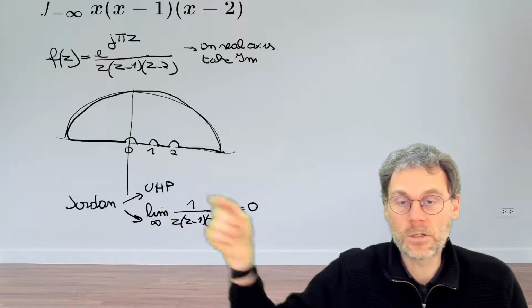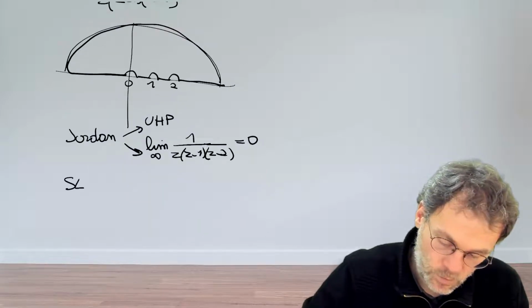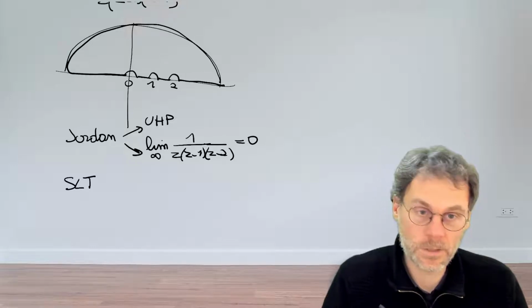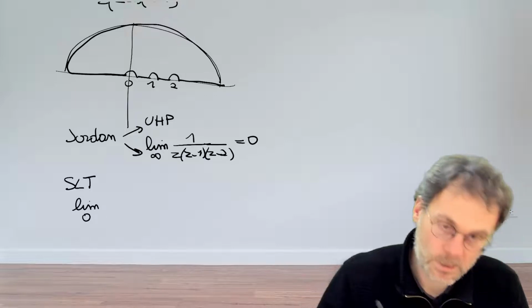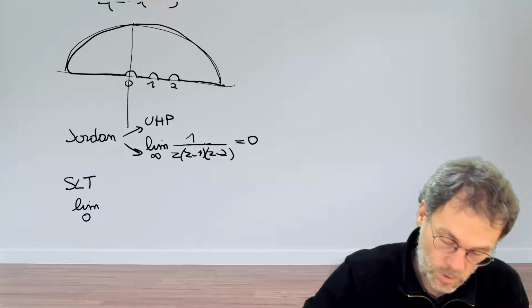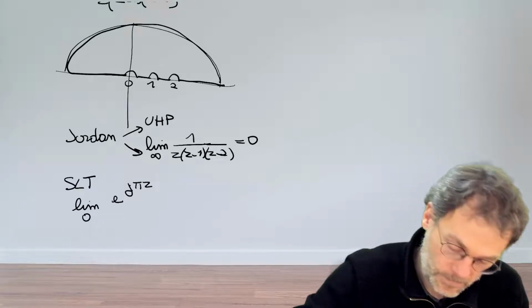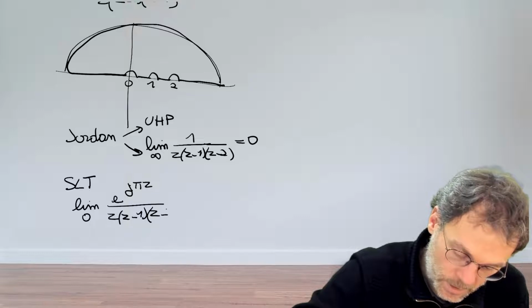For the three little circles, we have the small circle limit theorem that we need to apply. And for that, we need to calculate three limits. So let's do that now. First of all, we have the limit at 0 of our function, exponential j pi z, divided by z minus 1, z minus 2.